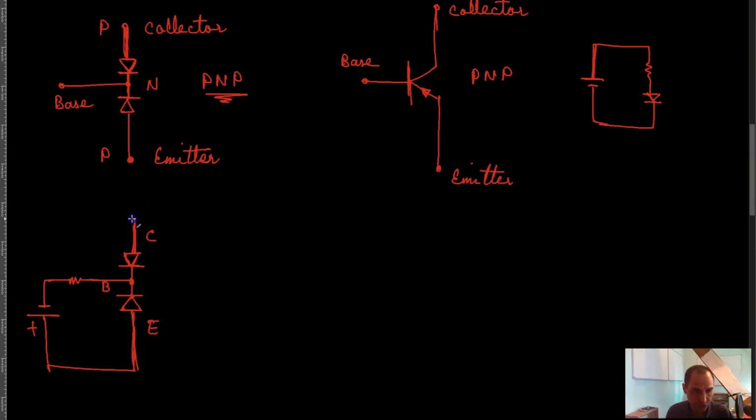And then the collector has to go to the ground, to the negative, as well. So this is how you draw a PNP transistor. Let me see if I haven't made any mistakes here. So that is your transistor.